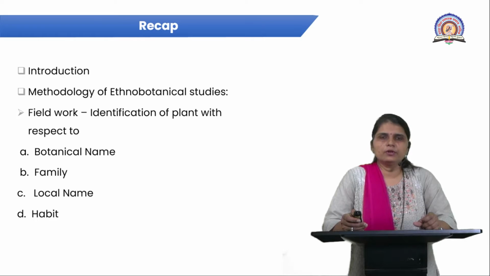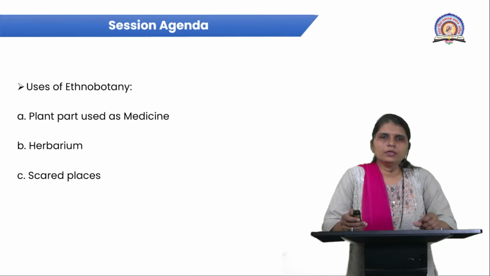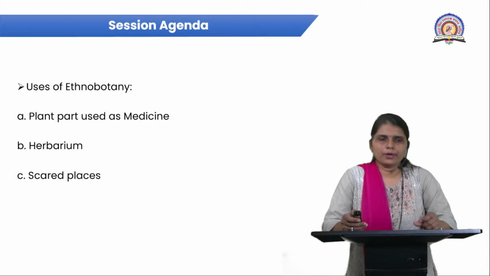Field work is with respect to identification of plants with respect to botanical name, family, local name, and the habit of the plant. Then in today's lecture we will study the uses of ethnobotany.